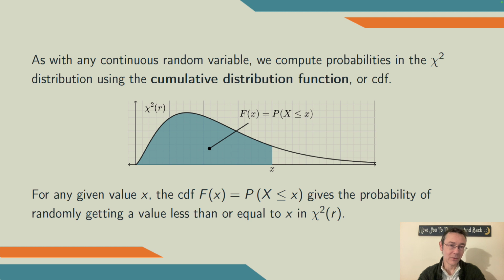As with any continuous random variable, we compute probabilities in a chi-square distribution using the cumulative distribution function, or CDF. That represents the probability of randomly getting a draw from this distribution that's less than or equal to the specified value x. Visually, I've shaded the area to the left of little x to represent the value of the CDF, F of x, at that value.